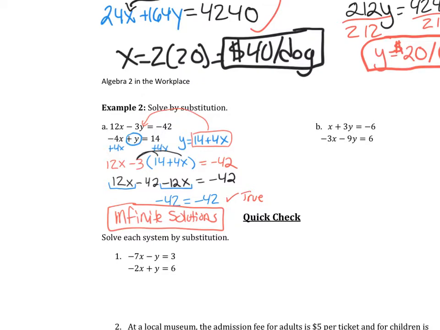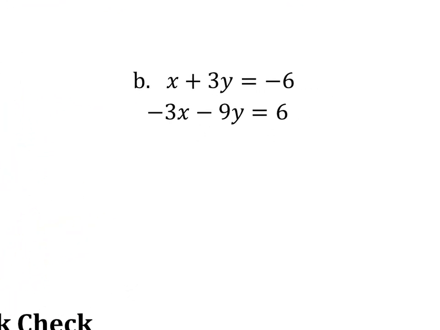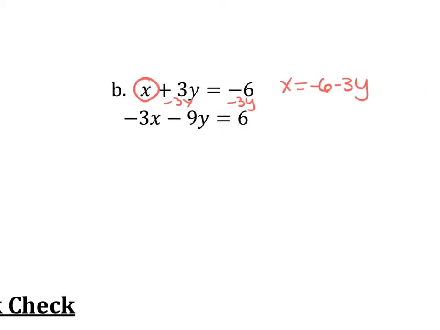Okay, then our last one, letter B over here. Which variable is the easiest to get by itself? The x, this first x up here. So we can subtract 3y from both sides to get x by itself. So x equals negative 6 minus 3y. We take what x is equal to and plug it into our other equation for x.